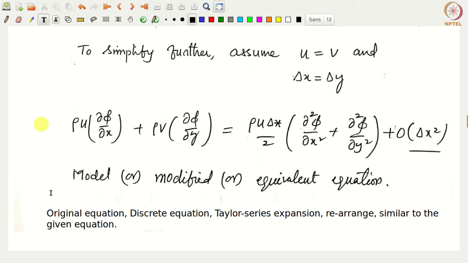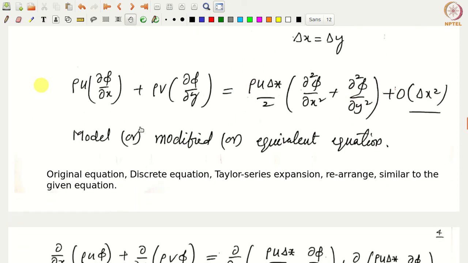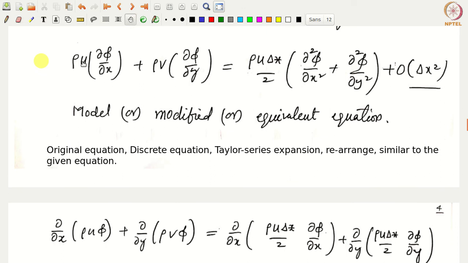It is similar because we started off to solve a pure convection equation in 2 dimensions. Now that means, because rho, u, v are all constants, I can take these inside the derivative. I can write this as partial x times rho u phi plus partial y times rho v phi equals, on the right hand side, again these are all constants.